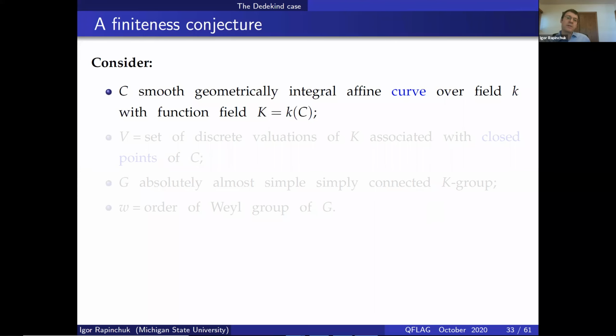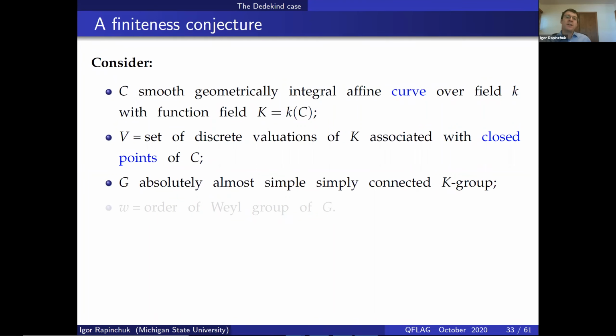And now let's return to our setup. Remember, we had an affine curve. We're working with its function field K and the set V of discrete valuations associated with the closed points. Now let's take G to be an absolutely almost simple simply connected algebraic group over K, and denote by W the order of the Weil group.